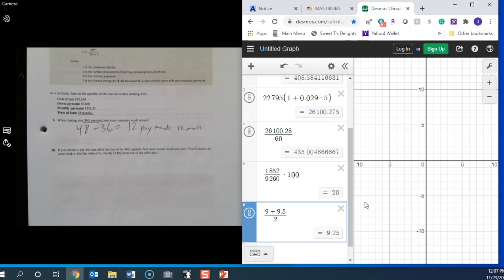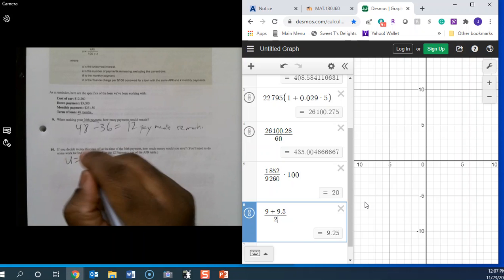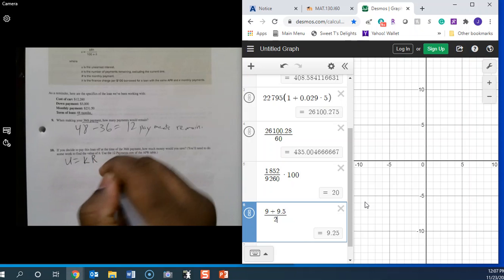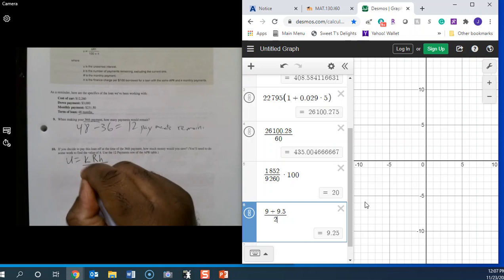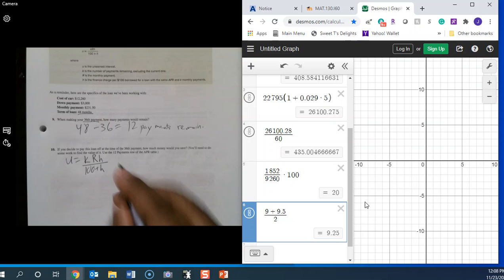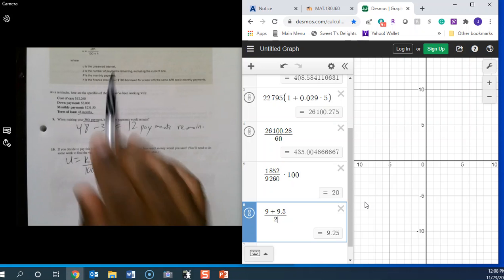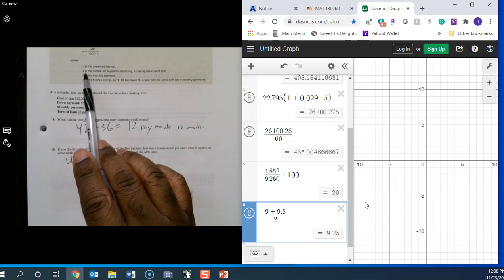All right, so we know our formula. U is equal to K times R times H all over 100 plus H. Now, we go through and substitute. First of all, U, we don't know what the unearned interest is yet. That's what we're solving for.